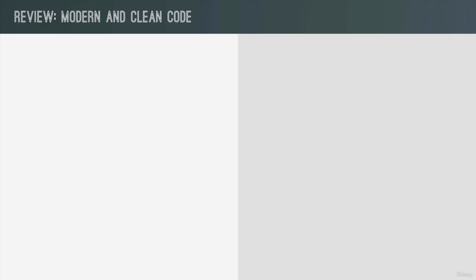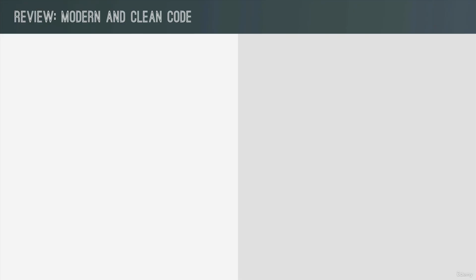So a lecture where I'm going to bring together all the clean and modern JavaScript techniques and practices that I've been showing you throughout the course. And so with this, you will then have all this information in one place. Then in the next lecture, we will actually bring some of these topics to practice by fixing a bad coding example that does not follow these practices. But anyway, let's now get started.